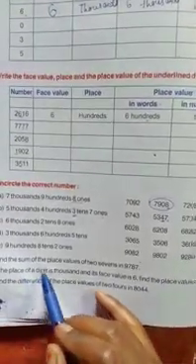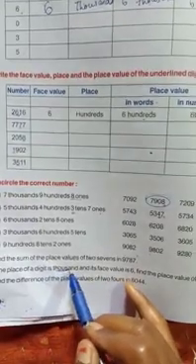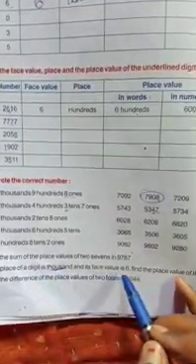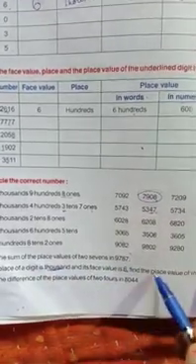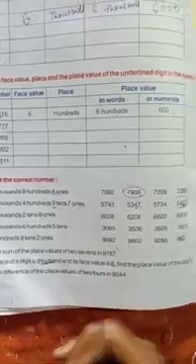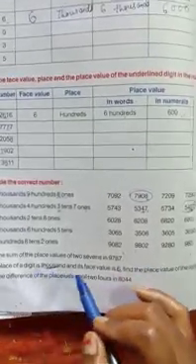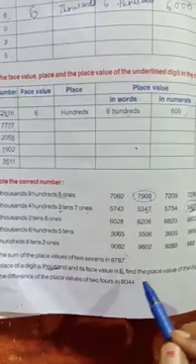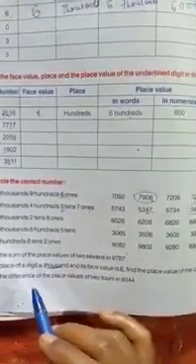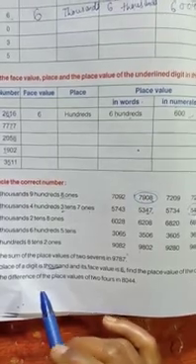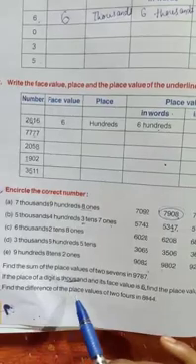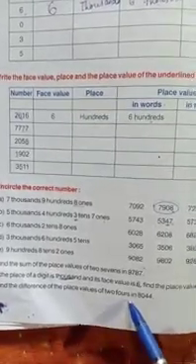Your answer is 6000, that is, 6 thousands or 6,000.